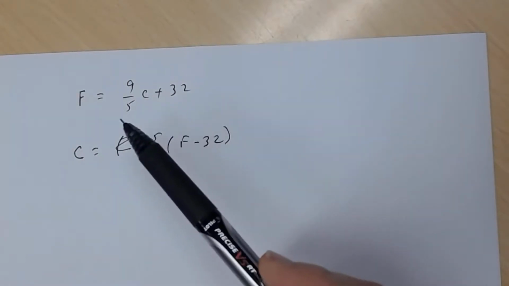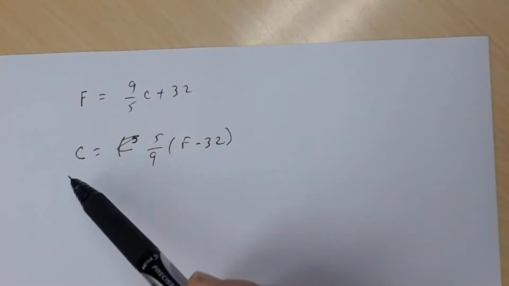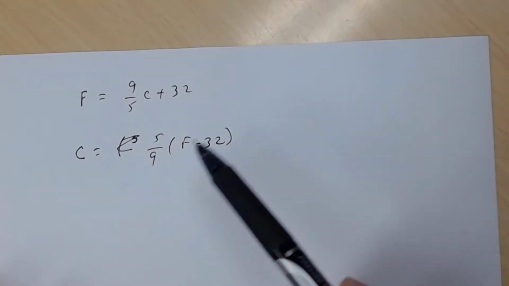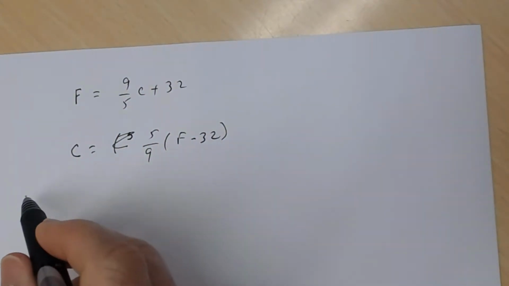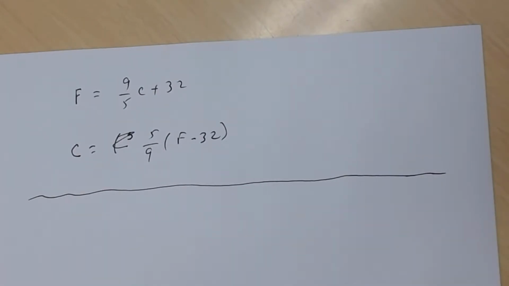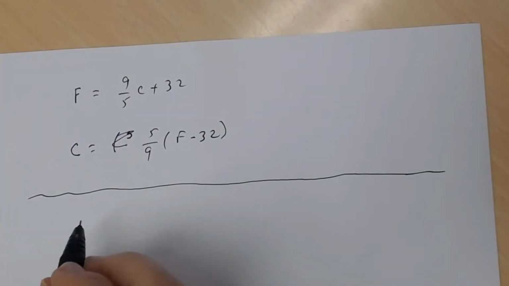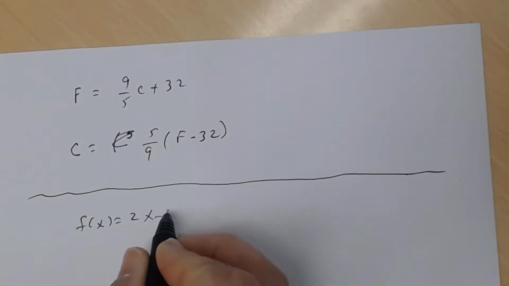Now, we're going to talk more about functions because we really want to use function notation like f of x, g of x, and so on at some point. But let's look at another numerical mathematical example. Suppose we have the function f of x equals 2x minus 5.